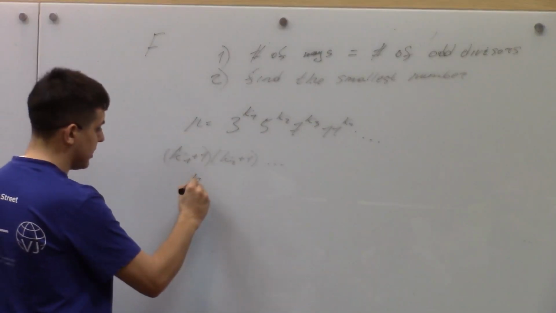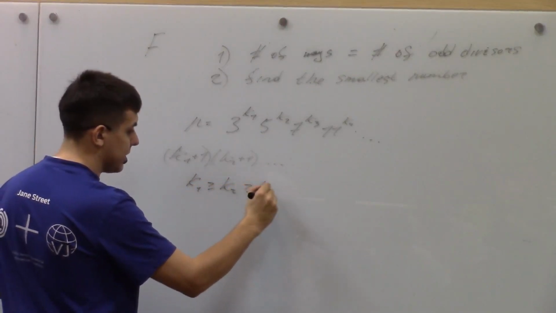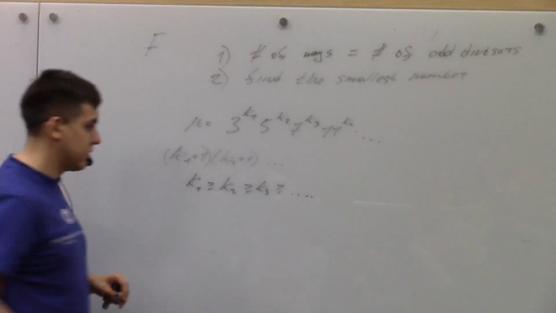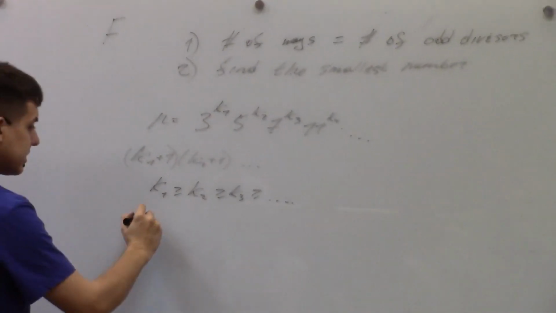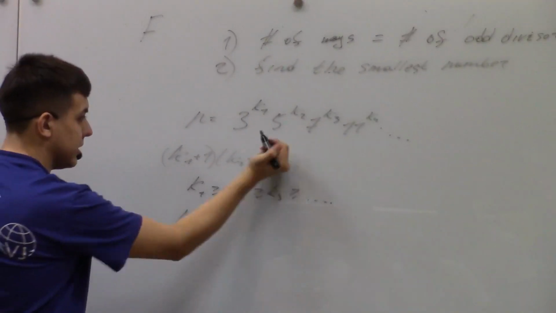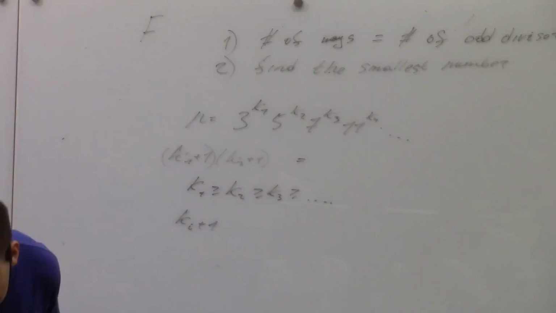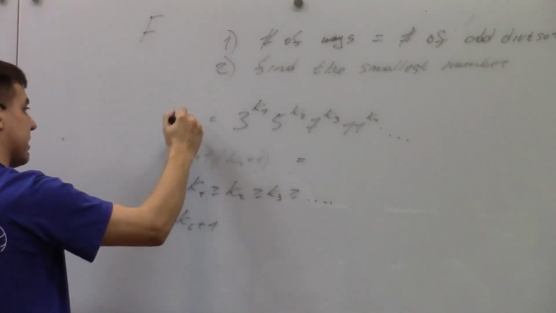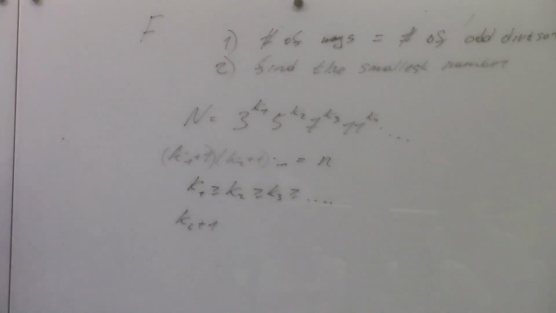So k1 is greater than or equal to k2, k3, and so on. And the product of the (ki plus 1) should be n, the number of divisors that we would like to get.